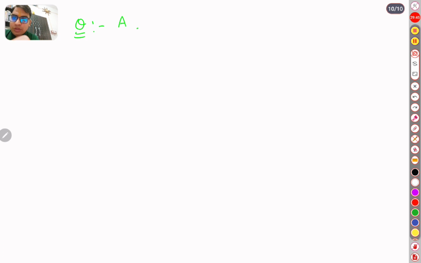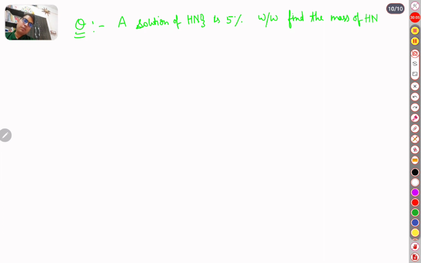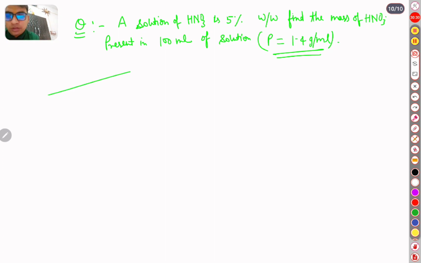A solution of HNO3 is 5% W by W. Find the mass of HNO3 present in 100 ml of solution, if the density is given as 1.4 gram per ml. This question you have to solve.